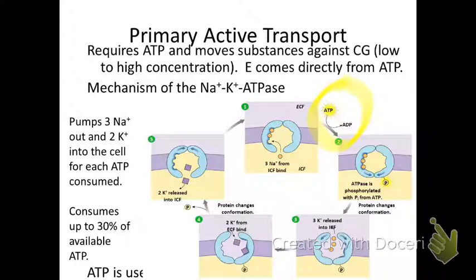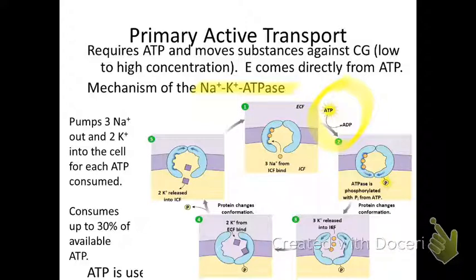There's energy being used. Now, the number one active transporter that I want you to know about right now is the sodium-potassium ATPase. You'll also hear this called the sodium-potassium pump. And what this is doing is maintaining the sodium-potassium difference.